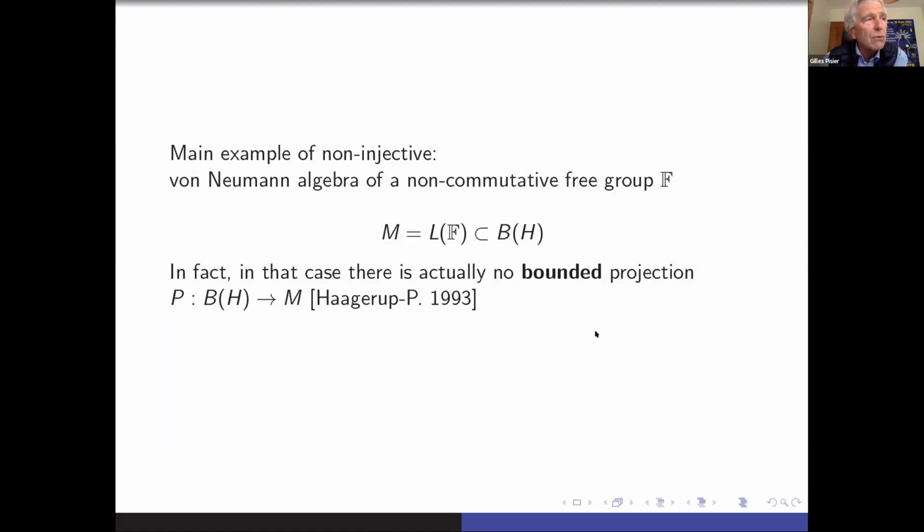And in fact, when you represent it in B of H, it's known, this is something that we proved with Haagerup in one of our two joint papers, this one is 1993, that there is no bounded linear projection from B of H to L of F. This is special to L of F. It uses Voiculescu's result that the fundamental group, for the free group, is non-trivial.